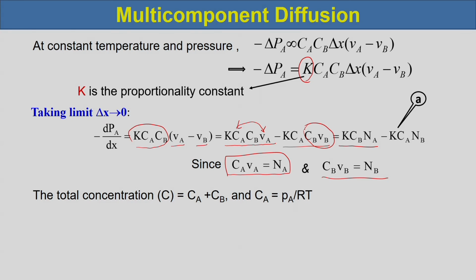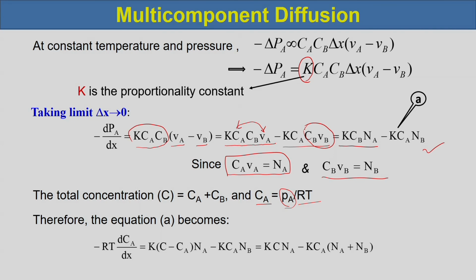Now, we know the total concentration C would be equal to Ca plus Cb for a two component system, and if we consider ideal gas, we can write Ca would be equal to Pa by RT, that is the partial pressure of component A divided by R, the universal gas constant, into the temperature T. Therefore, equation 1 becomes minus RT dCa/dx would be equal to k into C minus Ca into Na, where we have substituted Cb with C minus Ca.